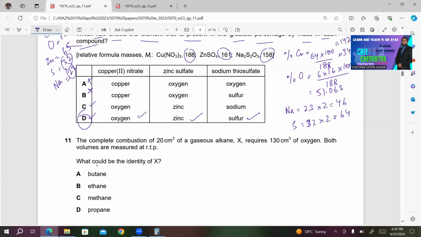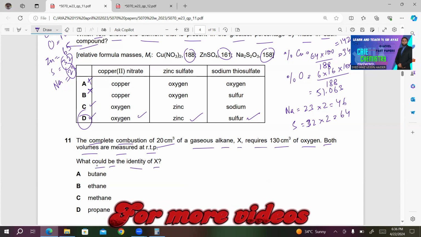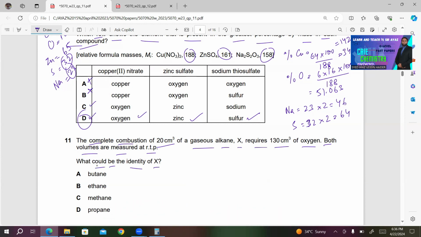Number 11. The complete combustion of 20 centimeter cube of gaseous alkane X requires 130 centimeter cube of oxygen. Both volumes are measured at RTP. What could be the identity of X? So I will convert these into moles.